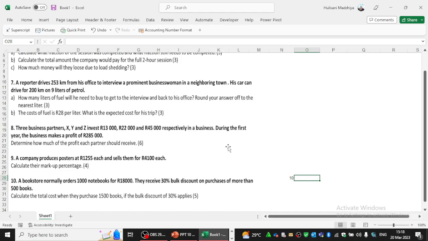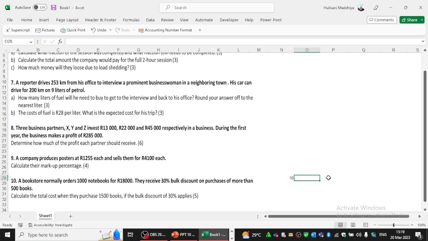So therefore, I'm going to change the question to suit what we covered in class, and then we're going to apply it from there. So they say they receive 30% for more than 1,000 books. So it's supposed to say 1,000 books, not 500 books. So 1,000 books, not 500.